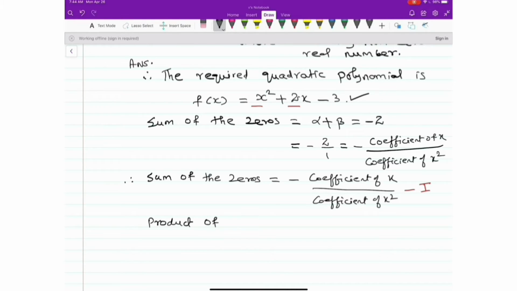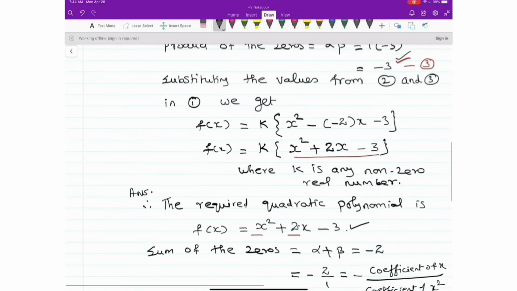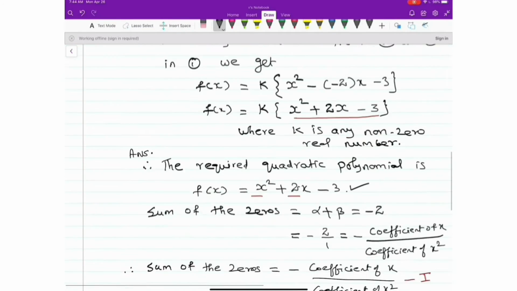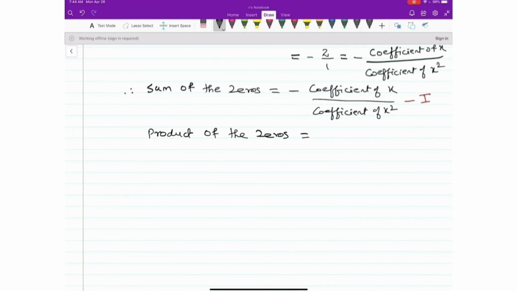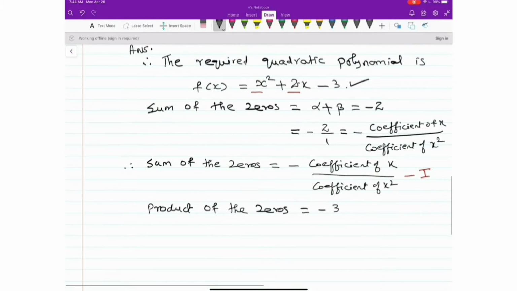Product of the zeros is equal to minus 3 by 1. What is minus 3? Minus 3 is the constant term in this quadratic polynomial, and 1 is the coefficient of x square.